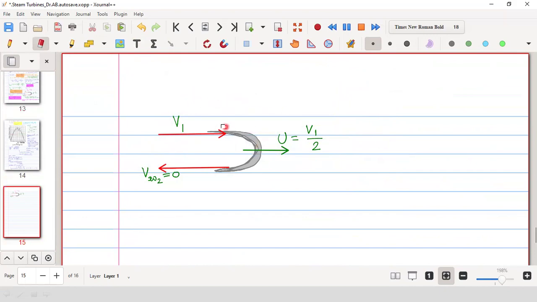If the steam is impinging on the blade parallel to, that means in the tangential direction, then from the condition we have seen that this is v by 2.